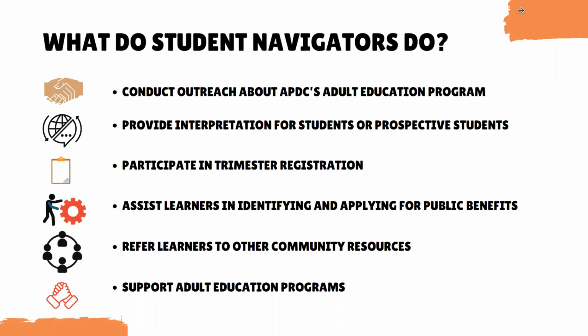So you would be there, telling other people about APDC. So that is outreach. Also, you would provide interpretation. So you would help other students with interpretation. That means that if we have a student that doesn't speak English very well, you can help them depending on the language that you speak.